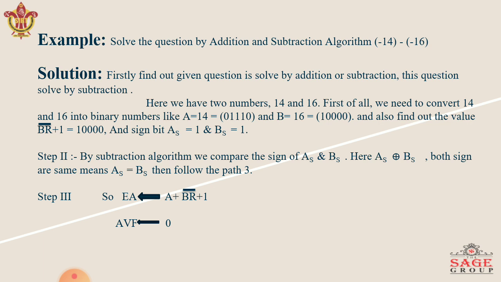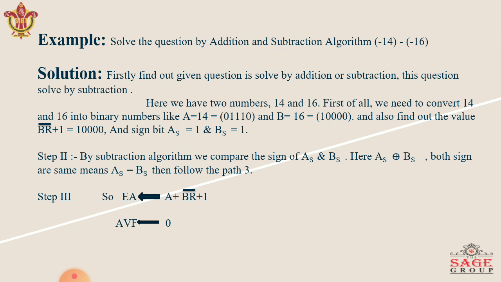So in this question both signs of A and B are negative, so we take 1 in AS and 1 in BS.